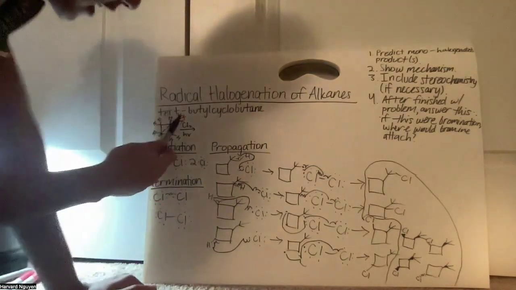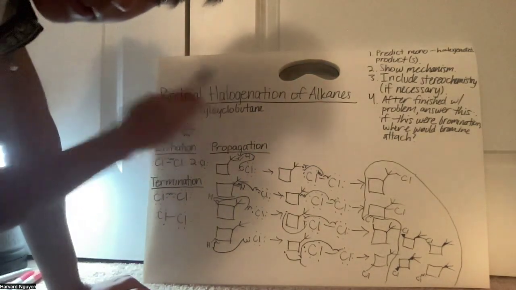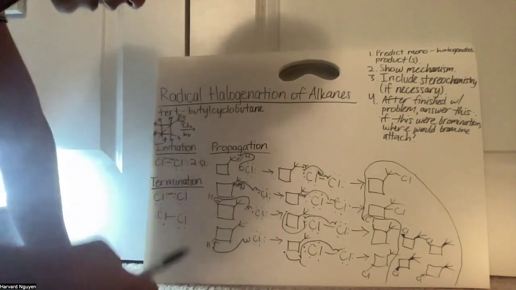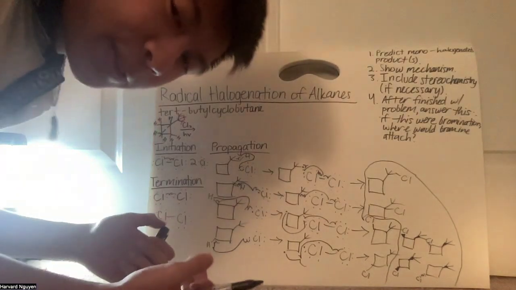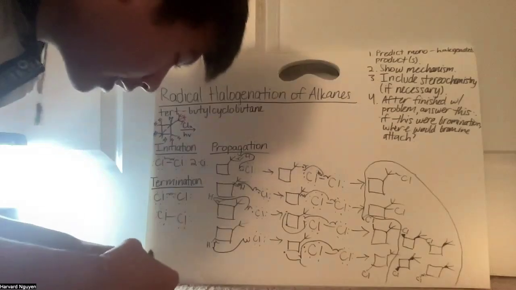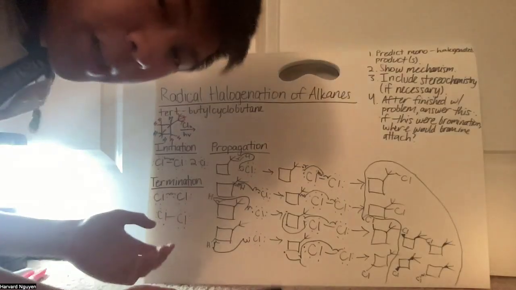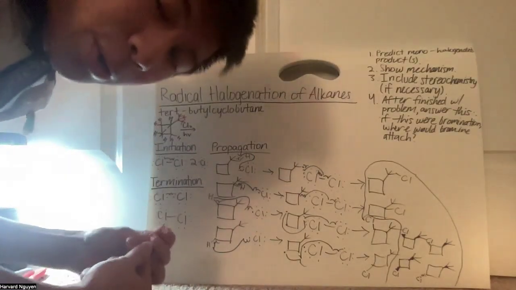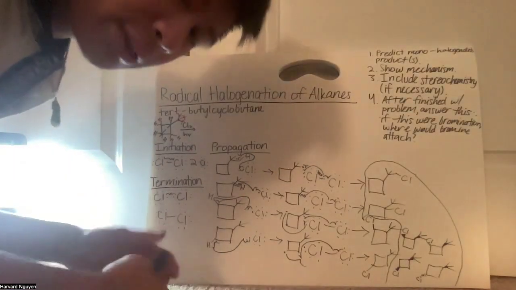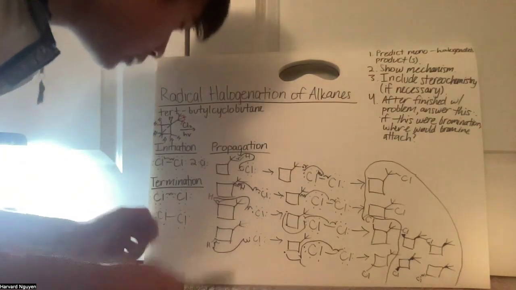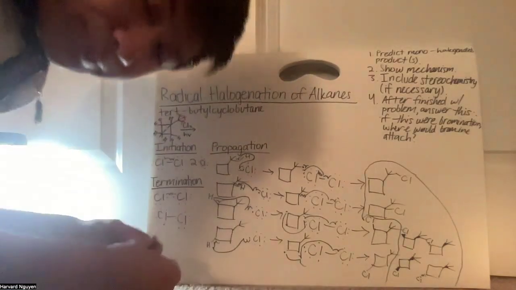Well, it wouldn't be here because it would be primary. So these H's are no good. And all of these guys out here, they're only secondary. So those are also no good. Therefore, there's only one option, that one. It's tertiary. Therefore, if this were a bromination problem, it would attach there because bromine is a very slow reaction, so it's very selective, and it will select the greatest radical stability, which would be tertiary.